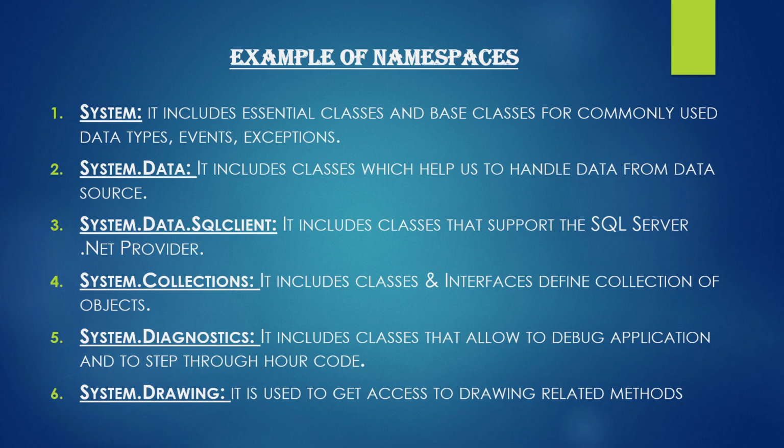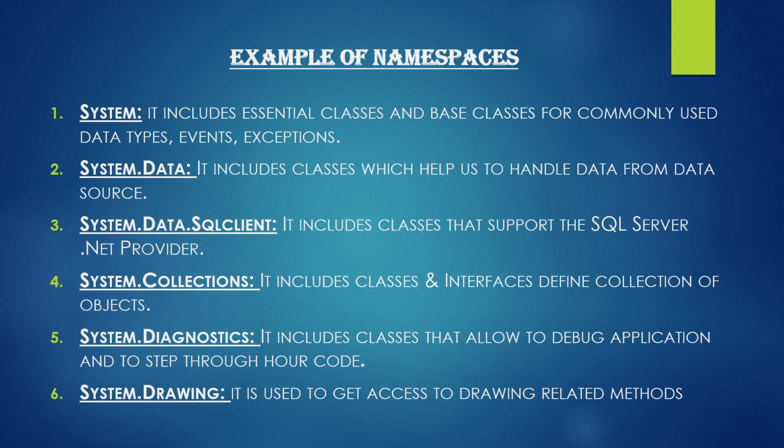If we are going to connect our C# project with SQL data, then we can use System.Data. And System.Data.SqlClient includes classes that support the SQL Server .NET provider. If we are going to connect our database with SQL Server, then we can use System.Data.SqlClient.